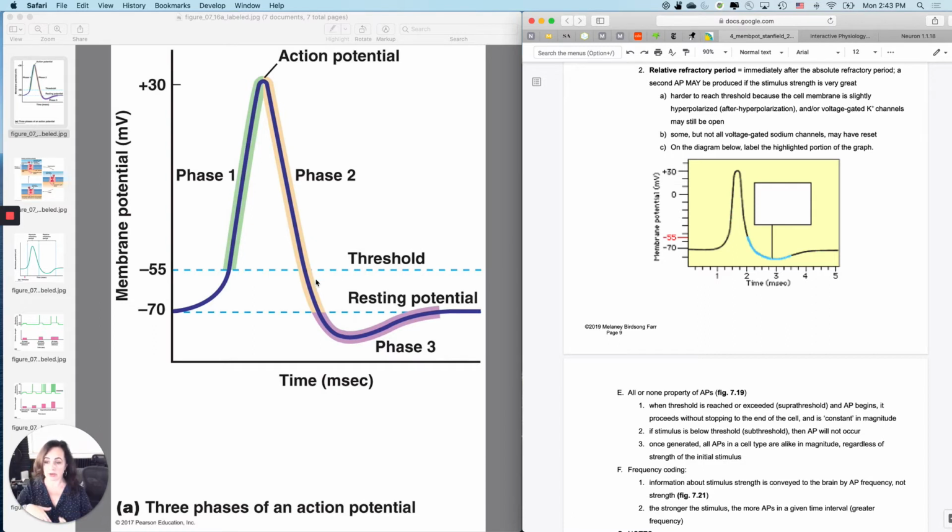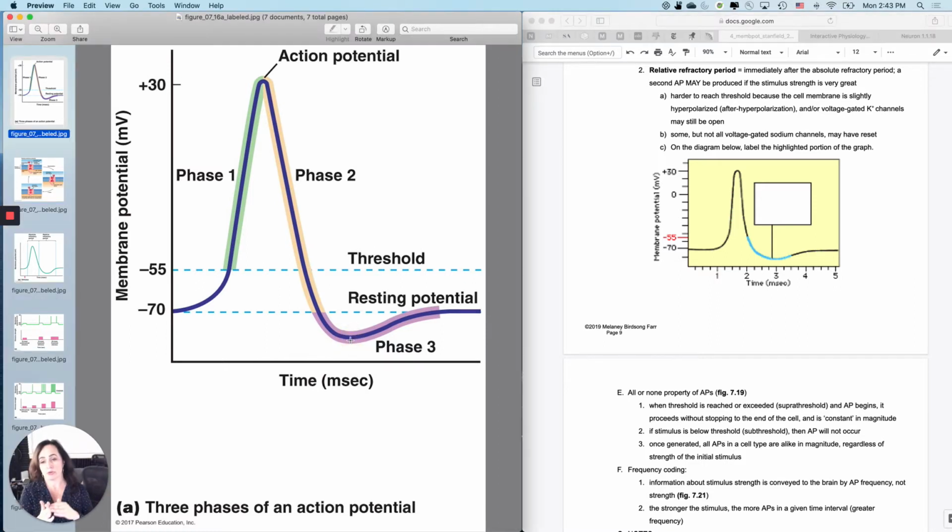Because I'm letting sodium in, but I'm also letting potassium out if they're still open, so it's harder to move the number. Or if I'm hyperpolarized, I have to move it not from minus 70 to minus 55, but from minus 75 to minus 55. So this is what we call relative refractory period. It's harder to get an action potential, but it's not impossible.